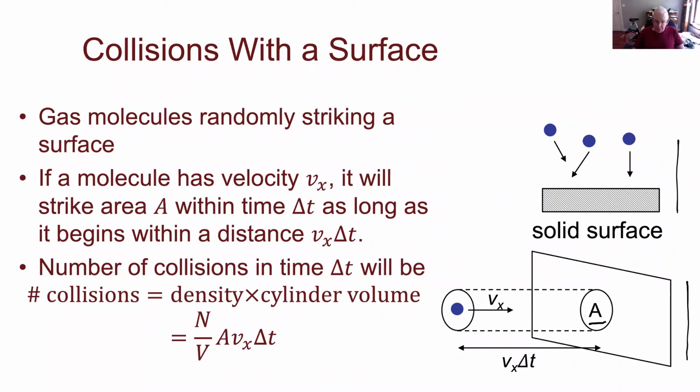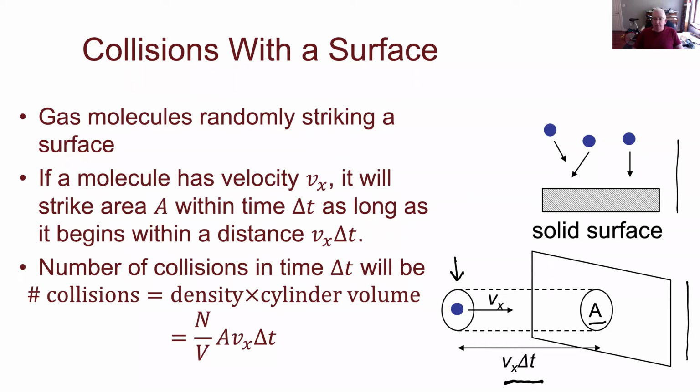Coming away from the surface, over here I've got a molecule, represented by my blue circle there. That molecule is traveling so that it's going towards the surface, and it's got a velocity, or an x component of its velocity, v sub x, all right? That molecule will reach my surface in a time window delta t, as long as at the beginning of delta t, the molecule is within this distance down here of the surface.